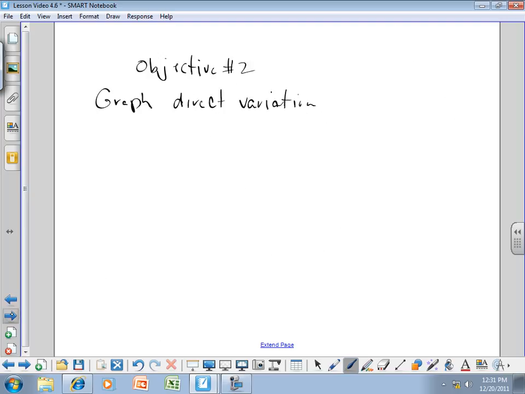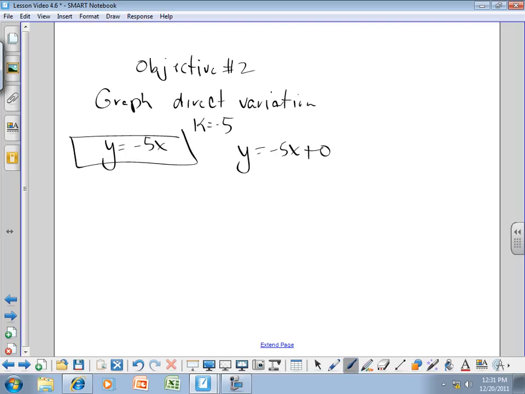Let's move on to objective number 2. It wants us to graph something that is a direct variation. Here's a direct variation equation. Here we would say that the k value is negative 5, but I want you to look at this like it's in slope-intercept form. So if this is slope-intercept form, what's the y-intercept? 0.